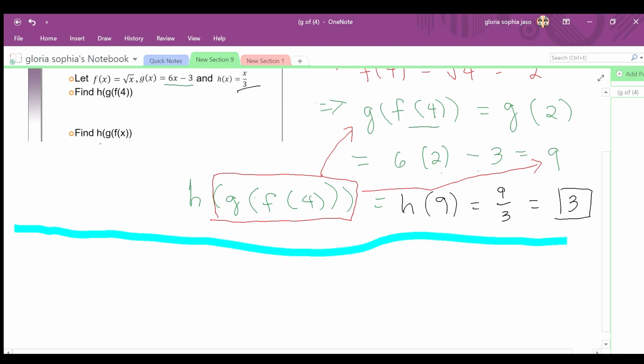So, dito class sa pangalawa, evaluate natin si f of g of f of x. So, unahin muna natin class ito, yung nasa pinakaloob.